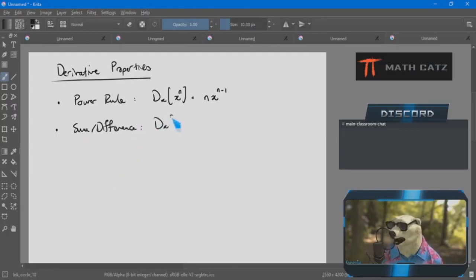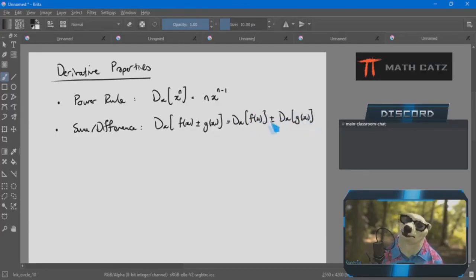Where if I have my function broken up into multiple terms, then luckily the derivative can be deconstructed by looking at the derivative of the individual terms and then just putting them back in the same way they were put together originally.